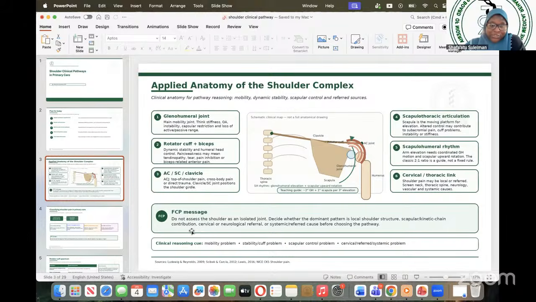So the message is not to assess the shoulder as an isolated joint when we are deciding whether the dominant pattern is local. If we've got a shoulder pain, we have to know if the dominant pattern is local shoulder structure, or is it due to the scapular or kinetic chain contributing to the symptom, or is it a cervical or neurological referral, or sometimes even a systemic or referred cause of the pain?